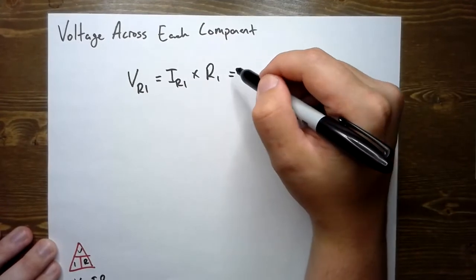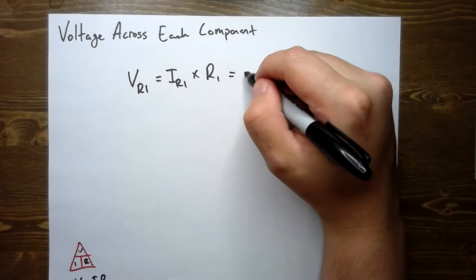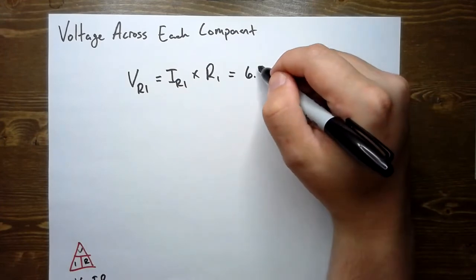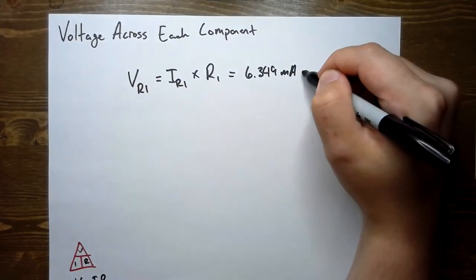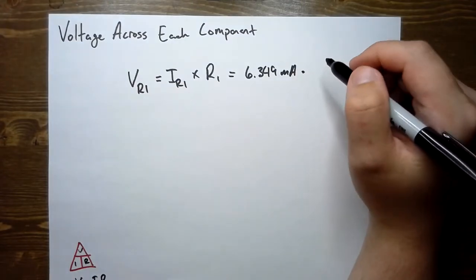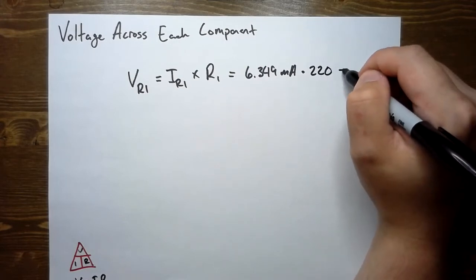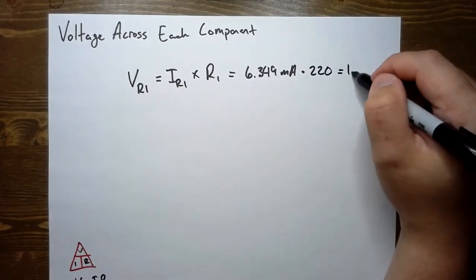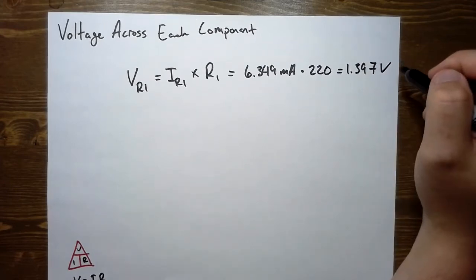Which is equal to 6.349 milliamps times 220 ohms, which is equal to 1.397 volts. Okay.